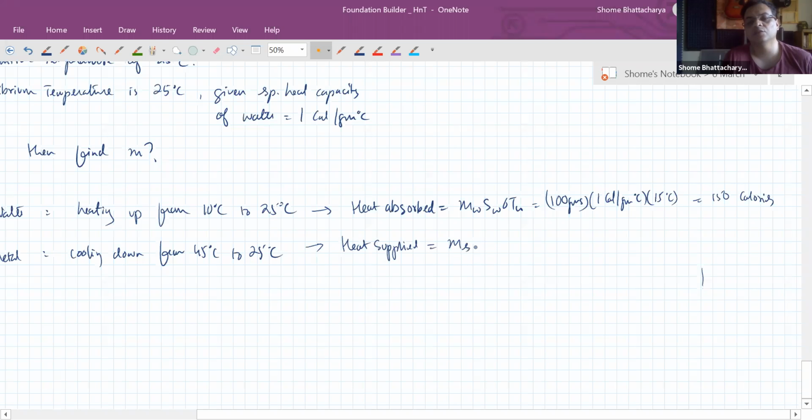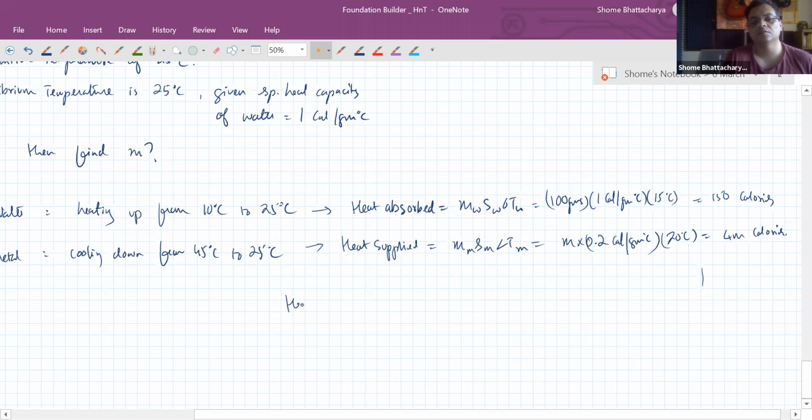Now the heat supplied by the metal is mass of metal into specific heat capacity of metal into temperature change for metal. So the mass is unknown, but the specific heat capacity was 0.2 calories per gram degree C. Into the temperature change, as you can see, is going from 45 to 25, so it's decreasing by 20 degrees C. So 4m calories.